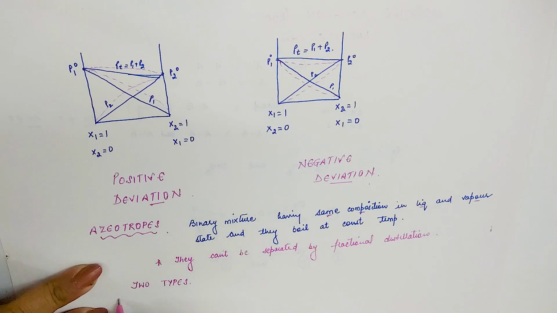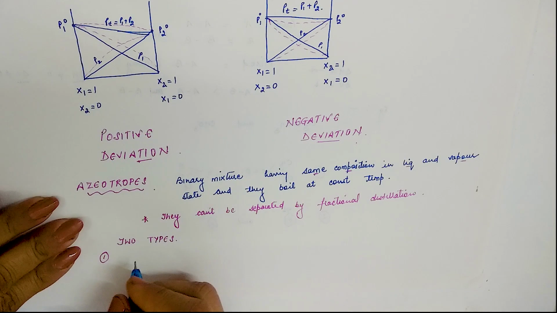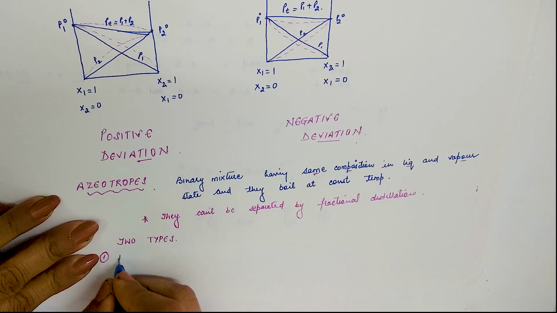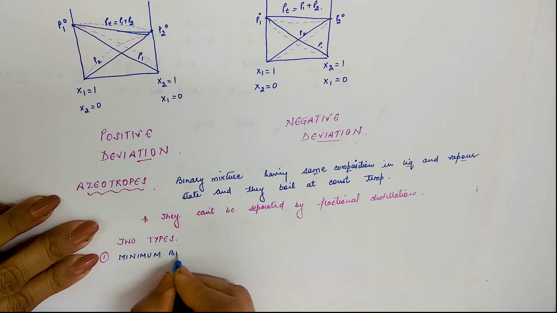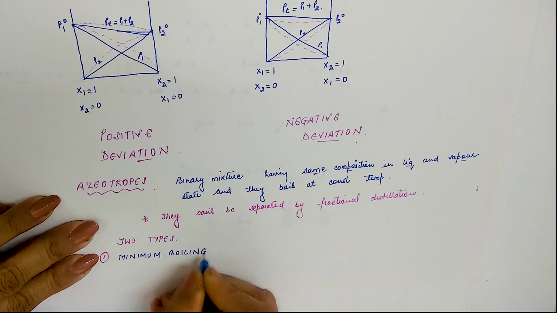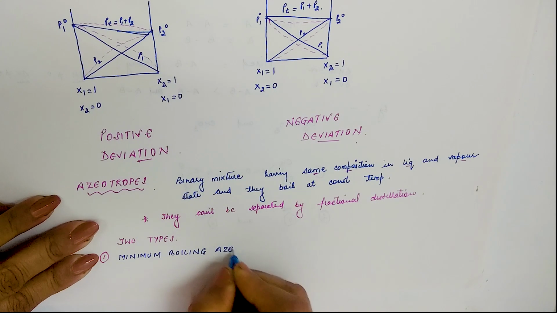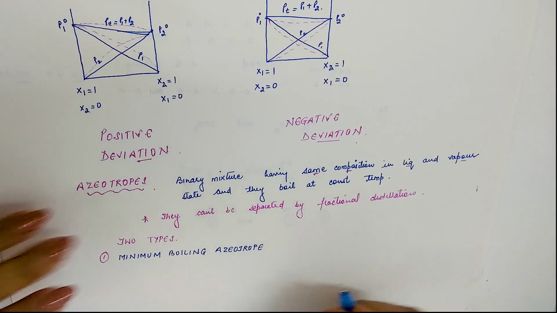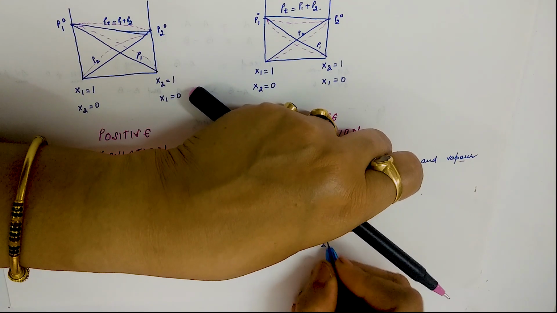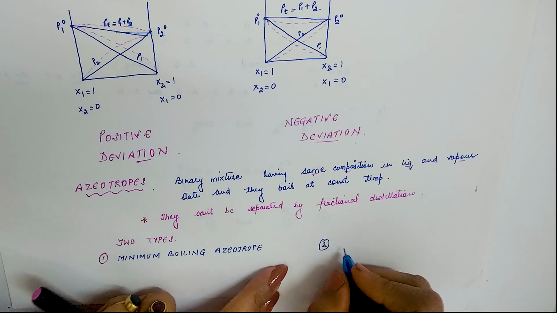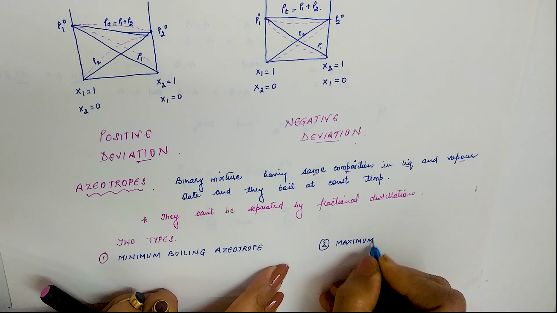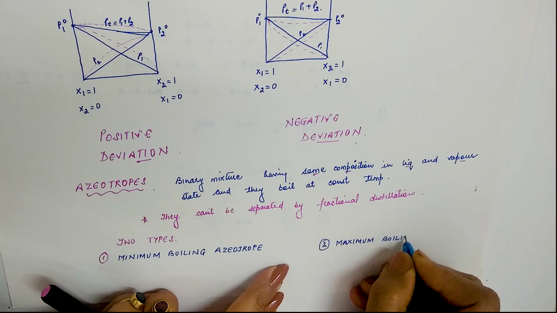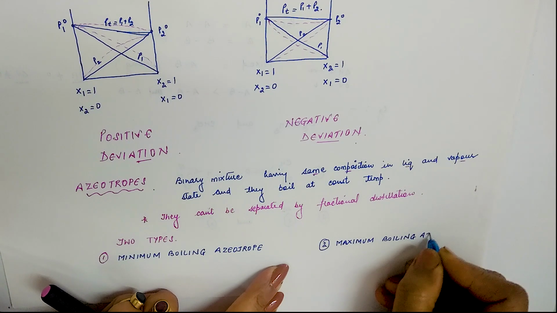Okay, the one is called minimum boiling azeotrope, and the second I am dealing with is maximum boiling azeotrope.